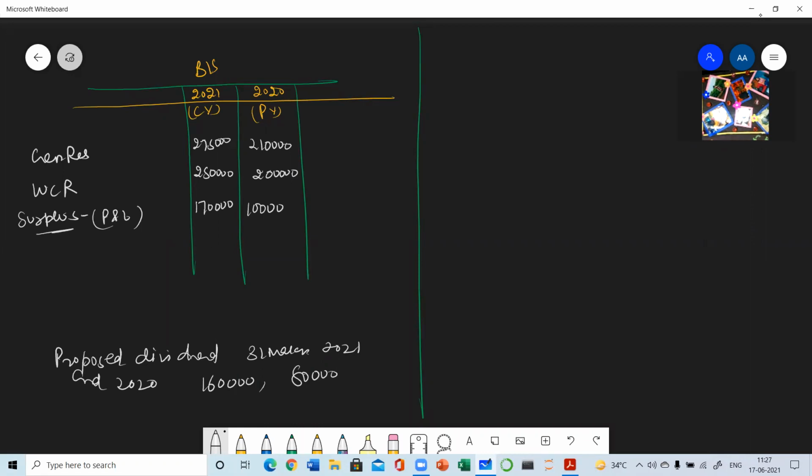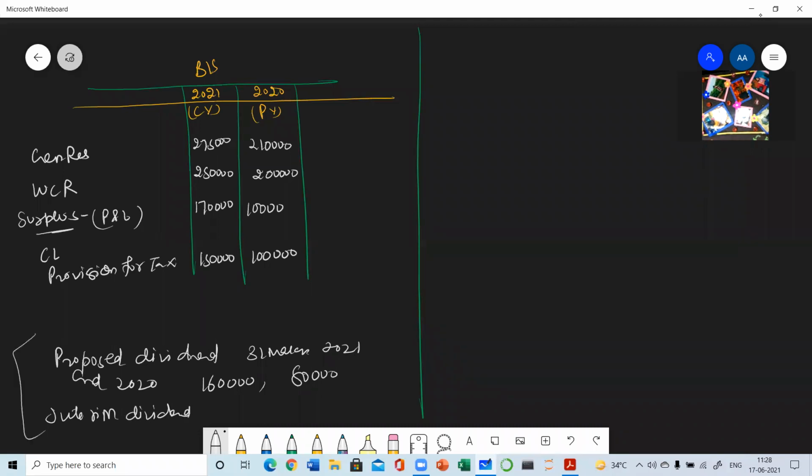Then one more thing is given, that is provision for tax. In current liability, under short-term provision, it is given provision for tax, 1,50,000 and 1 lakh. Very simple. Then interim dividend is also given in the adjustment.